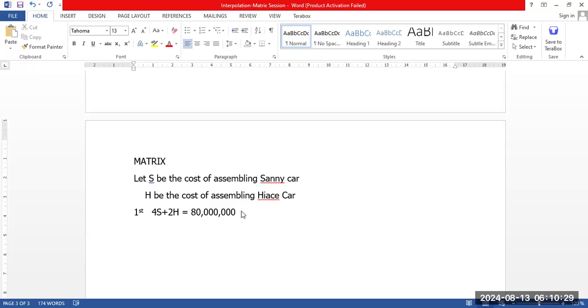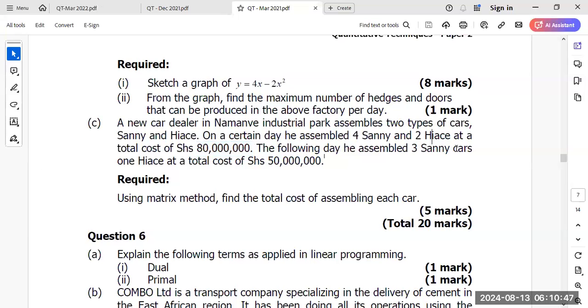Then on the following day, second day, they are telling us he assembled 3 Sunny. We want to know, if you assembled the 3 Sunny cars, what is the overall cost? But we don't know the cost for assembling even one car.